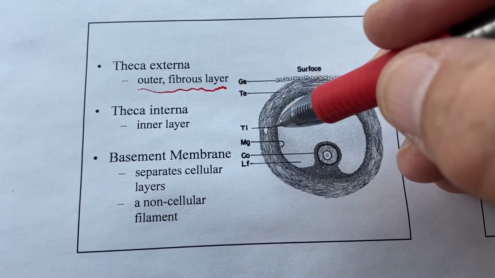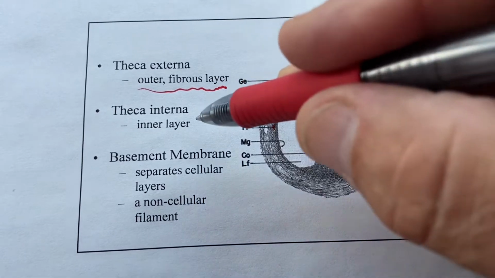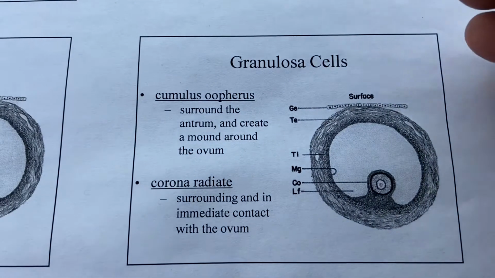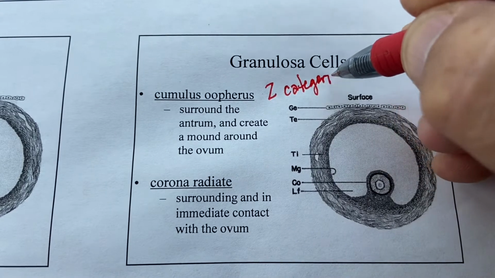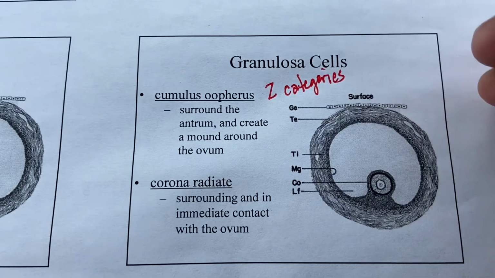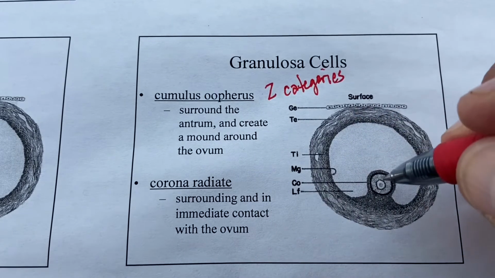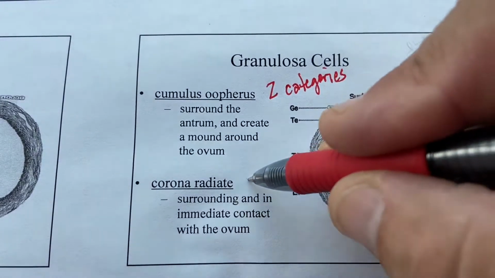Think of internal, actually, it's going to be right up in here next to the granulosa cells, and it's going to work with the granulosa cells for production of estrogen. Granulosa cells are going to be split up into two classifications, or two locations. So your cumulus oophorus is the part right here, and then right here, close in, is your corona radiata.